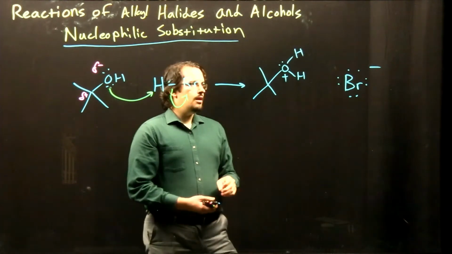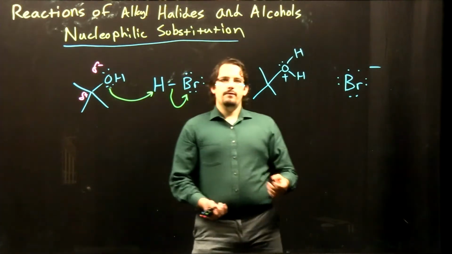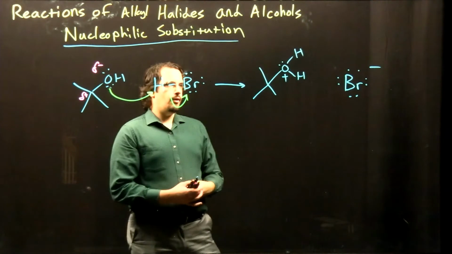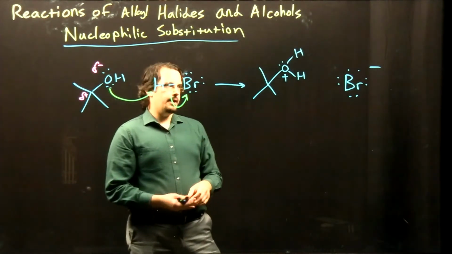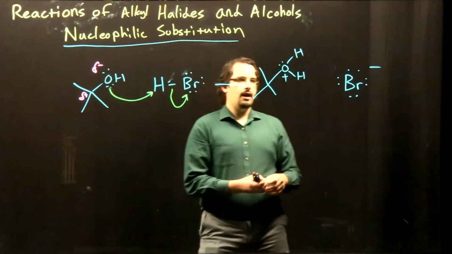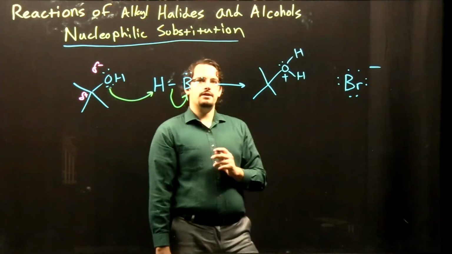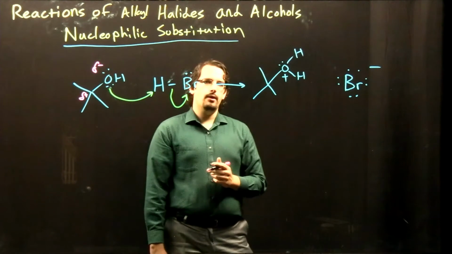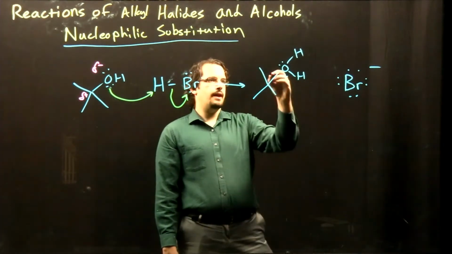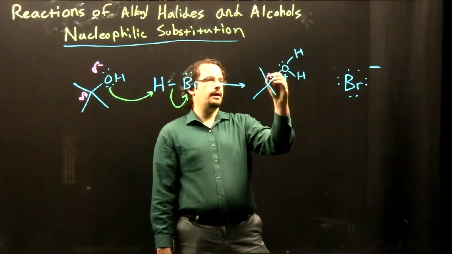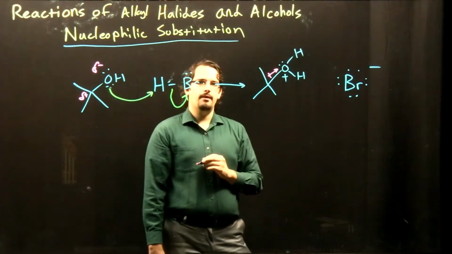Now, once we've protonated our alcohol to create our alkyl oxonium ion, our oxygen is electron deficient. So our oxygen is electronegative. It really wants to get more electrons. To do that, it's going to want to pull our electrons away from our carbon.